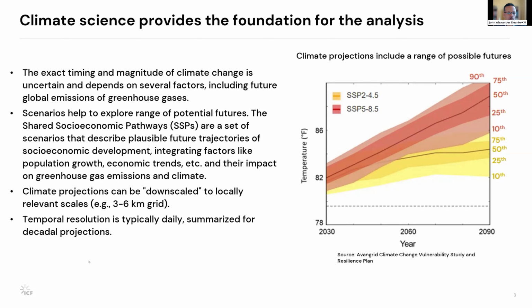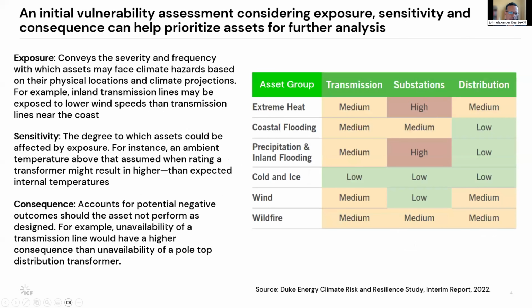And then that temporal resolution actually outputs daily values. Depending on what you're doing with this data, you may do it at a decadal level. So that's the level of decades. Just want to be clear, no one can tell you what the weather is going to be at a given point in time on a given day. So this daily resolution is just an artifact of the output of the analysis.